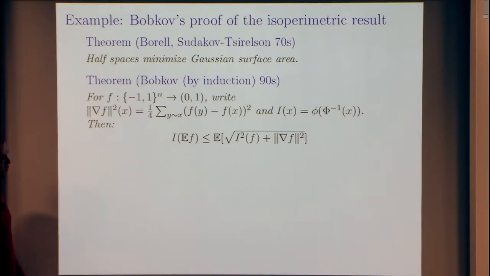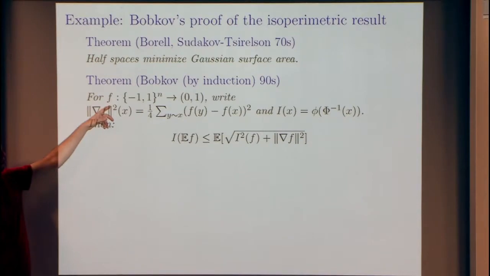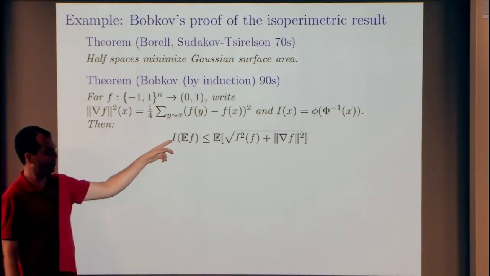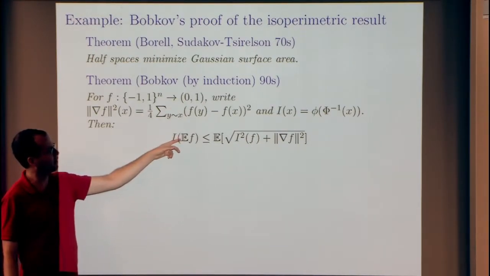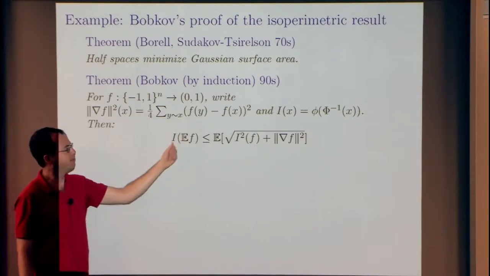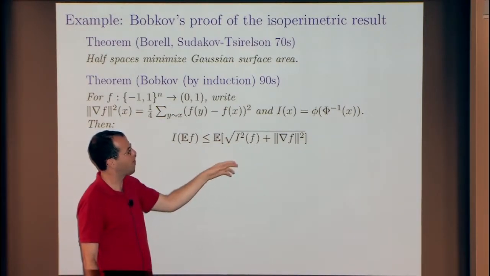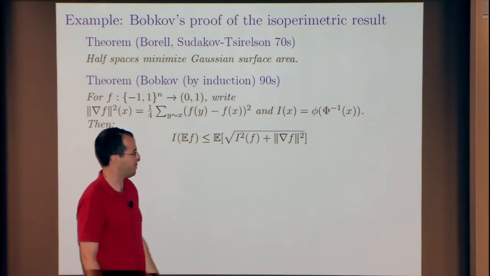And what Bobkov proved by induction on the discrete cube, looking at functions from {-1,1}^n with the uniform measure to [0,1], is this beautiful functional inequality: I of the expected value of f is a lower bound to the expected value of the L2 norm of the pair I(f) and the gradient of f.